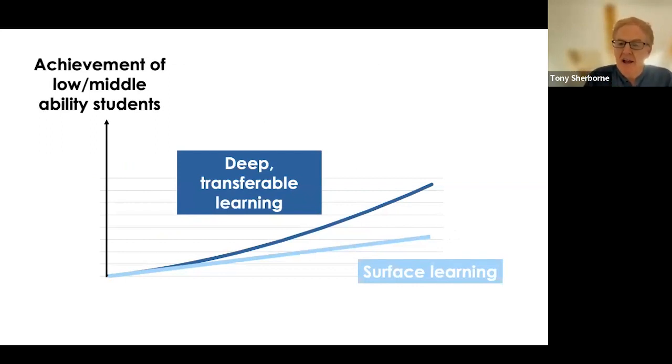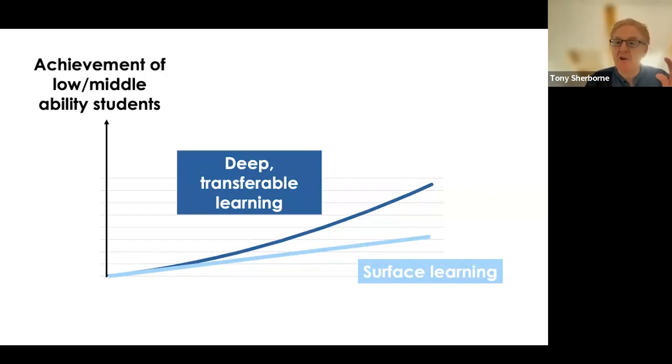I think there's a further benefit, although research is still underway, it's difficult to prove. But over time, one would expect that if you focus just on the knowledge, you increase students' achievement. But basically, if they're middle or low ability and their cognitive skills are not being enhanced, then they're not likely to make massive gains.